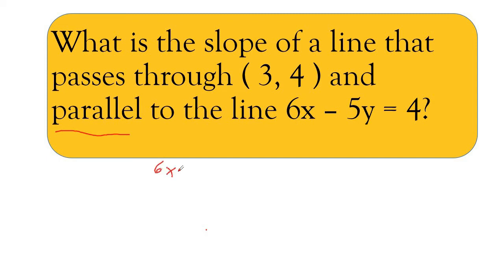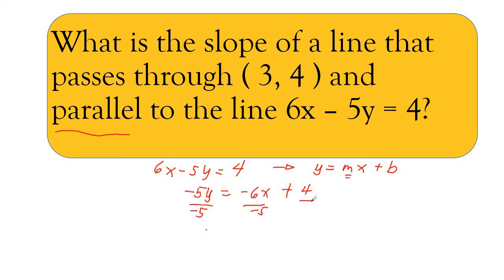Again, if we have 6x minus 5y is equal to 4, we are going to rewrite this into slope-intercept form so that we can find the value of m, which is the slope of a line. So, given 6x minus 5y is equal to 4, this will become negative 5y equals, if we transpose 6x to the other side of the equation, negative 6x, then plus 4. Next, divide both sides by negative 5.